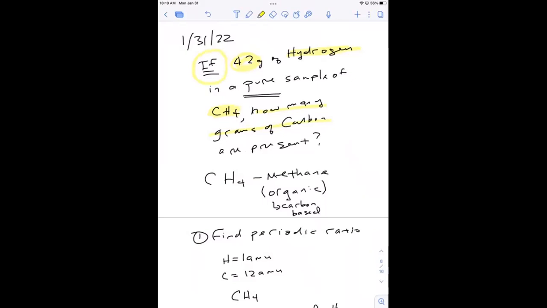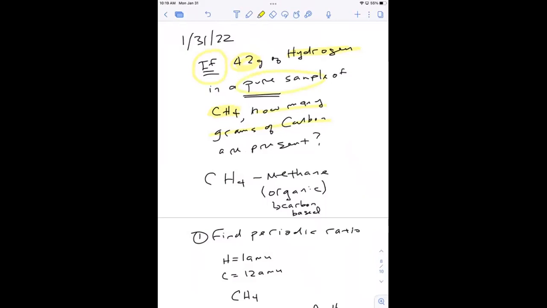It says, if this amount of hydrogen is in a pure sample, that's another giveaway telling you that you're dealing with constant proportions. If you have this in a pure sample of CH4, how many grams of carbon are present? Right. So those are some buzzwords that you look for when you're solving these types of problems.